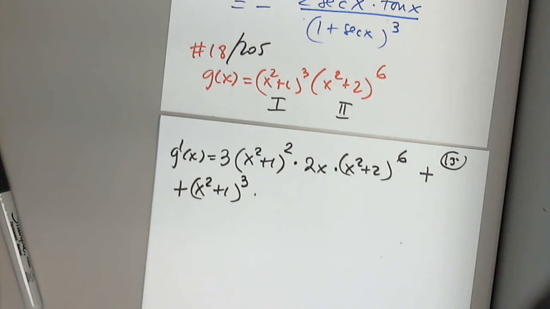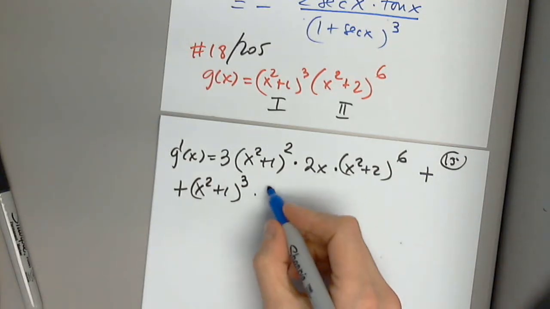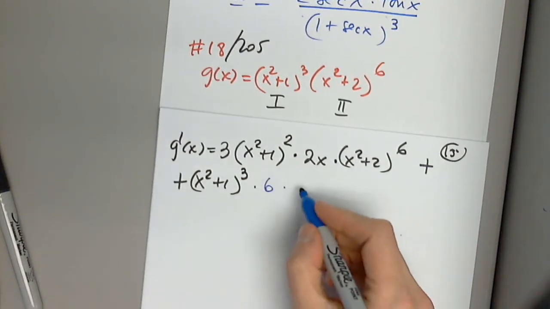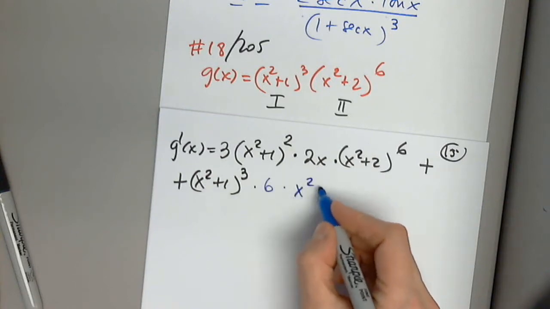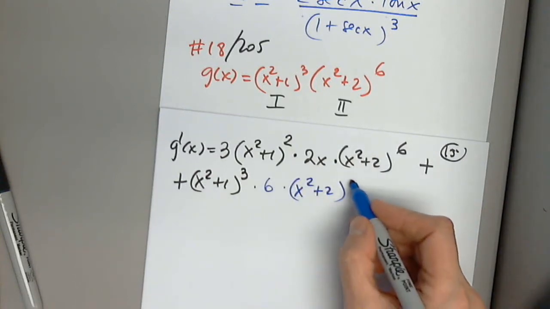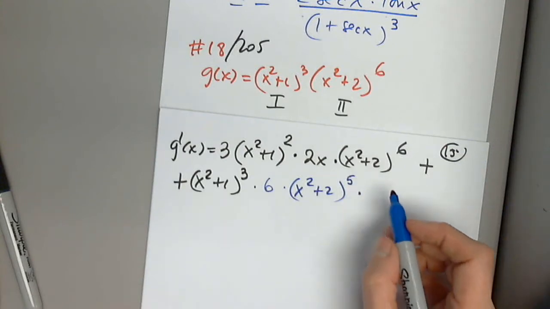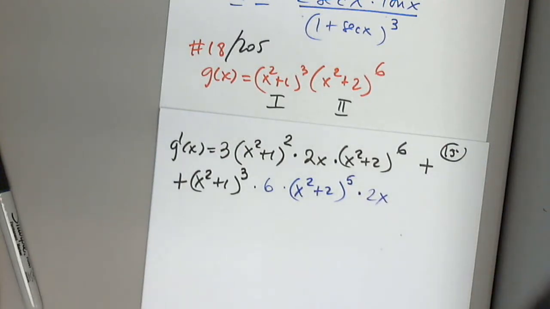Can anyone give us the answer for the second one? 6. Yes? Times? Very good. Times? That's it. And you may say, okay, I'll stop here. Well, the answer we can't. We have to take it one more step. But before we do that, any questions for me?